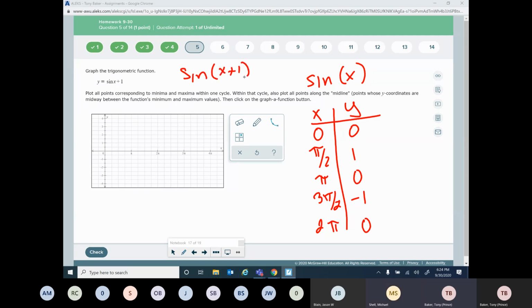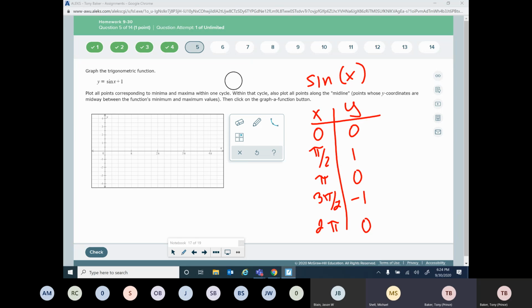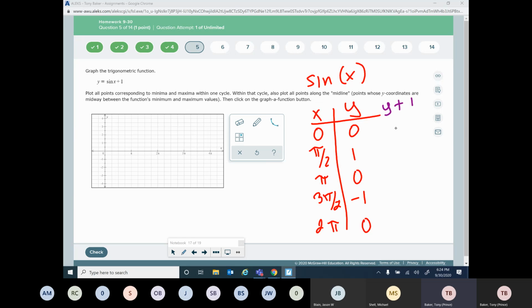They would have done x plus 1. Since there's not parentheses around that x plus 1, it's on the outside. So that 1 is being done to the y, not the x. So I'm going to do y plus 1. So it's 1, 2, 1, 0, 1 are my new points.